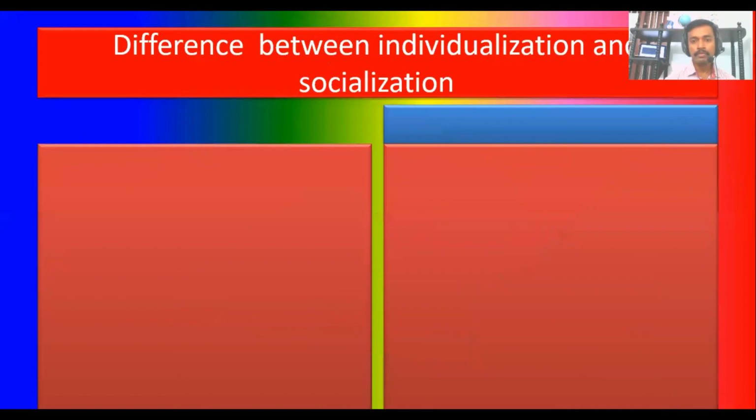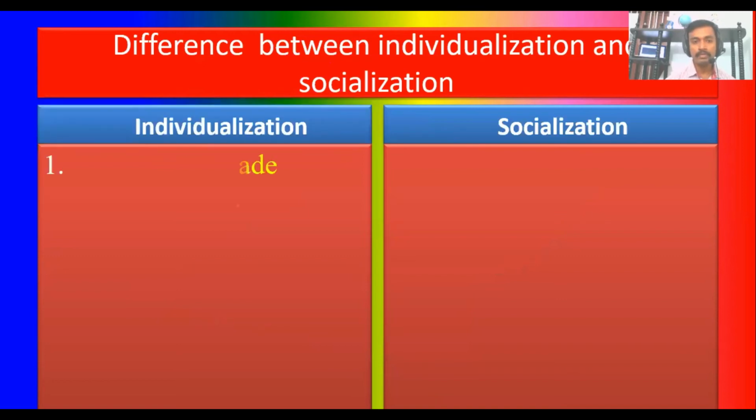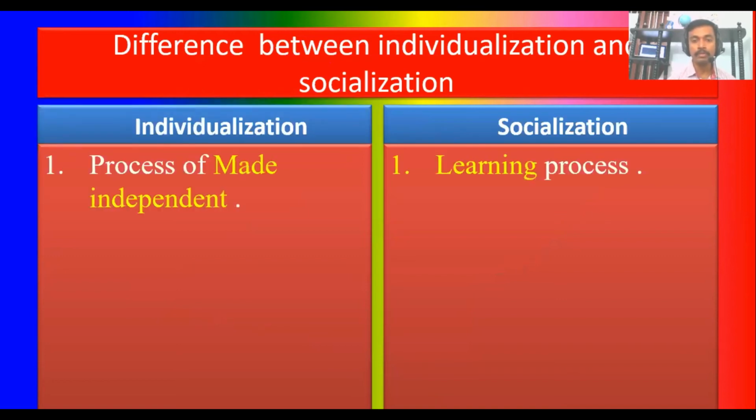Then the difference between individualization and socialization. Individualization is a process of becoming independent. Socialization is only learning how to learn. Let's talk with others, learn about groups and individuals, adjust ourselves and maintain a happier life.